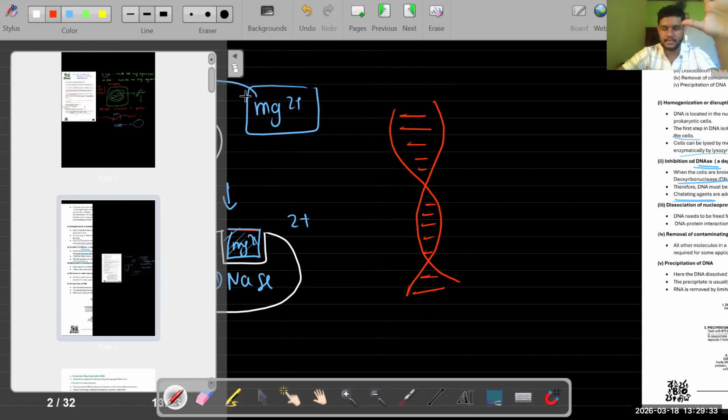I don't want the correct answer. What do you think, is DNA a charged molecule or non-charged? You are saying non-charged, okay? I don't want an assumption from both of the students. What is your point of view here? Is DNA a charged molecule or an uncharged molecule? Non-charged. Both of you are saying non-charged.